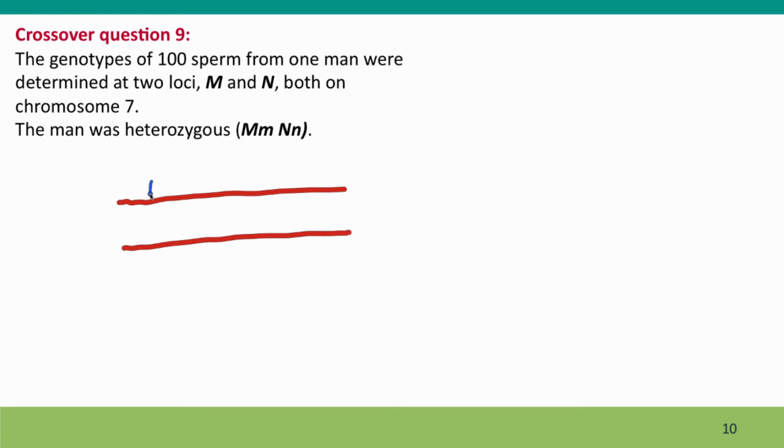If we put the big M allele here and the little m allele here, then we're left wondering, does he have the big N allele with the big M allele, or does he have the little n allele? And vice versa. But in this problem, we're actually going to use the genotypes of the sperm to tell us which arrangement is correct, which arrangement he inherited from his parents.